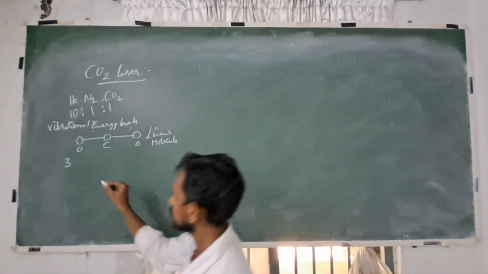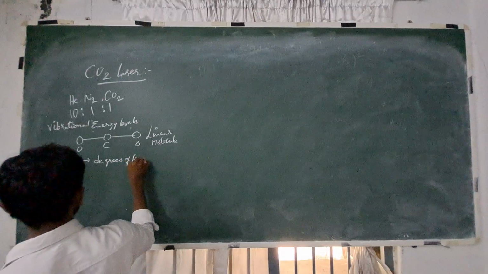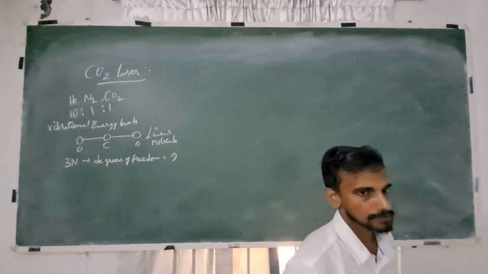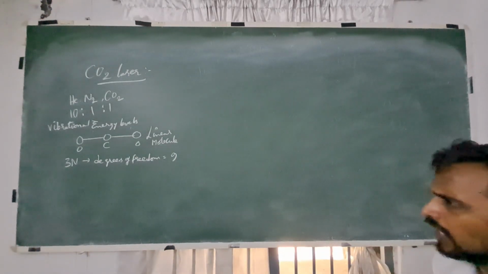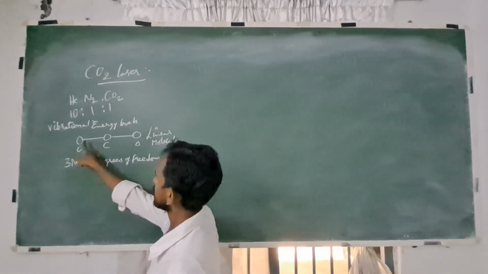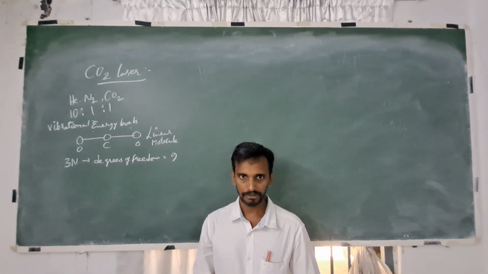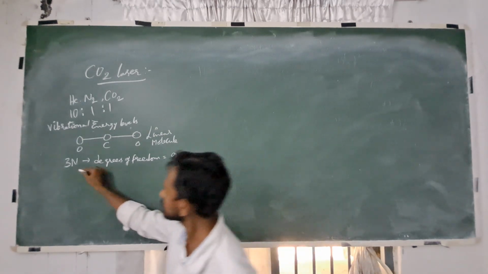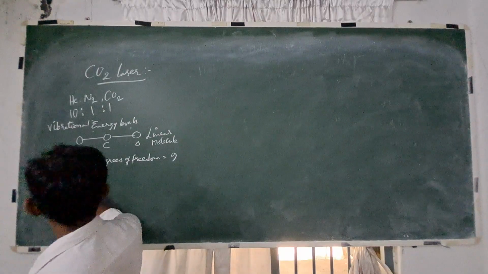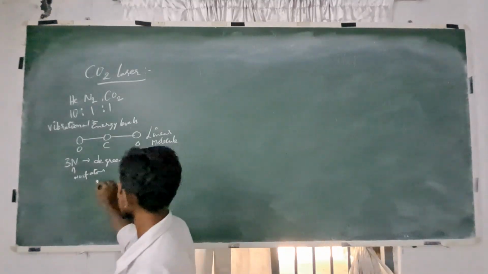So you will have 3n degrees of freedom, that is nine degrees of freedom. Each atom has 3 degrees of freedom, and as a molecule as a whole it will have 3 degrees of freedom. So translation modes.